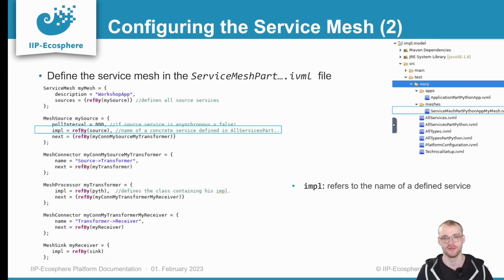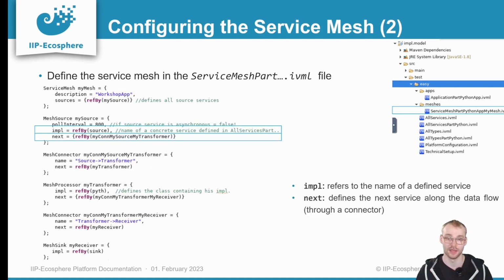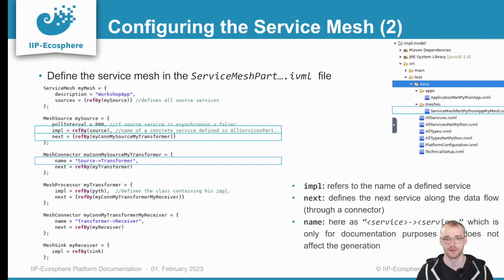I'm talking about the IVML variable, not the name you've given the service. Next defines what comes after this mesh element, usually a connector. As I mentioned, you alternate between these. The connector has a name. This is by convention service to a service, which is more for documentation purposes.